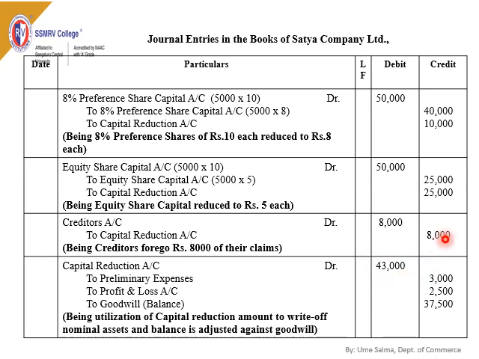As you know, 10,000 from the preference share capital, and from equity share capital we have transferred 25,000, and 8,000 where the creditors were willing to waive off 8,000. So the total comes to 43,000, the total capital reduction we have to adjust and to write off the accumulated losses.